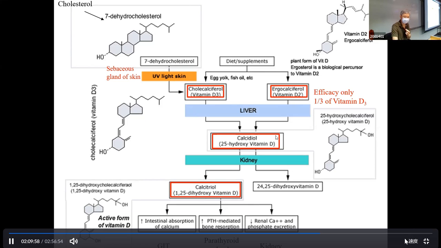What we need to remember will be the 1,25 dihydroxy D, and down here will be what we will be focusing on in the next few diagrams, and that is the 3 organs that play a key role in controlling calcium flux or calcium metabolism that relates with vitamin D and the parathyroid hormone.